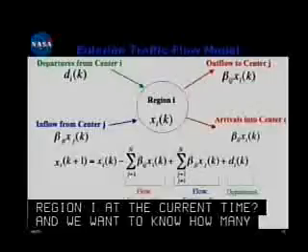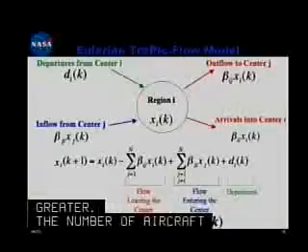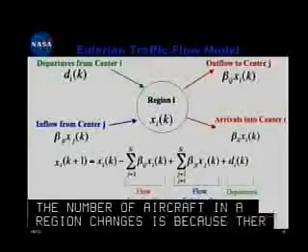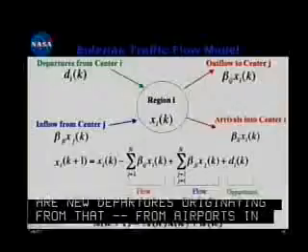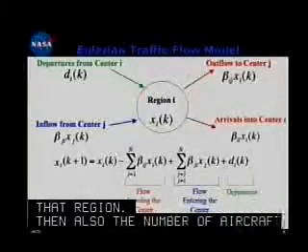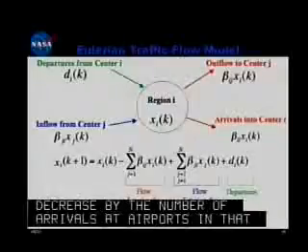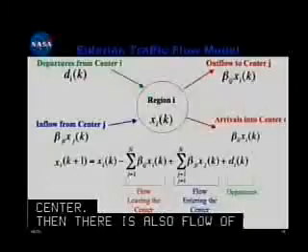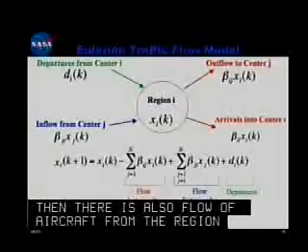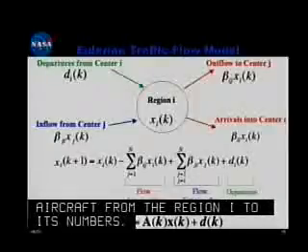The number of aircraft in a region changes because there are new departures originating from airports in that region. Then the number of aircraft decreases by the number of arrivals at airports in that center. Then there is also flow of aircraft from region i to its adjacent neighbors, and in addition, there is the inflow from the neighboring centers to the region.